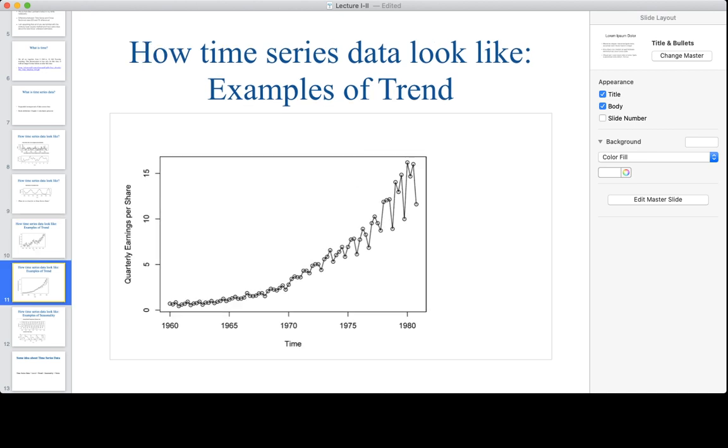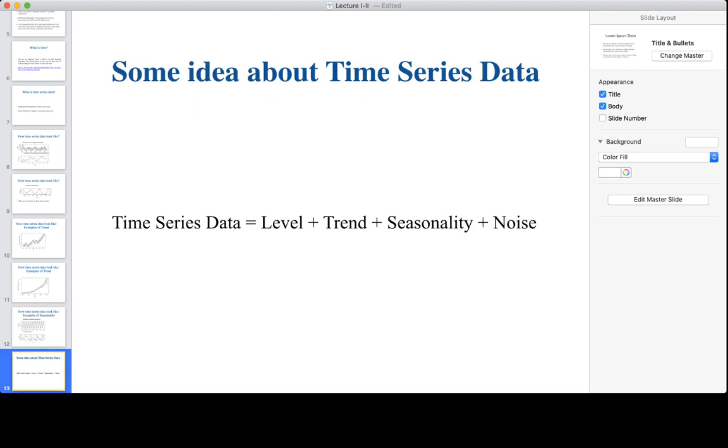Okay, so once you get rid of level, seasonality and trend, what is left is basically the noise component, the white noise or the error, which we want to be independent and identically distributed. We'll talk about it. So these are the four components in the time series: level, trend, seasonality, and if you take out everything else, what is left is noise.